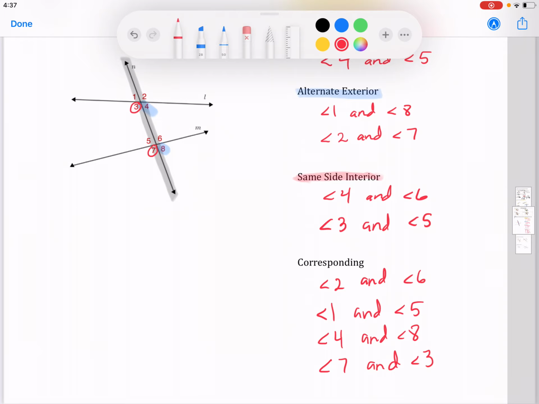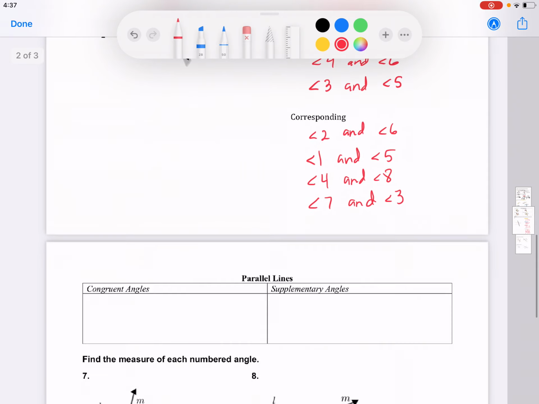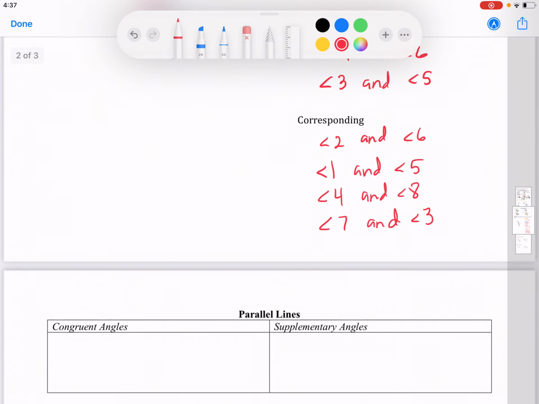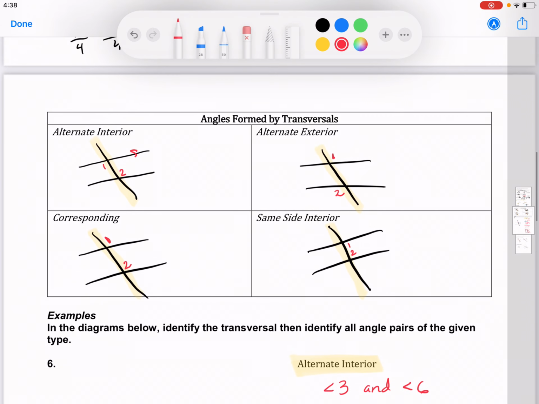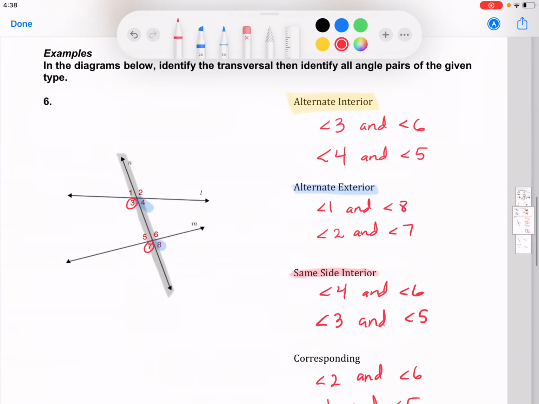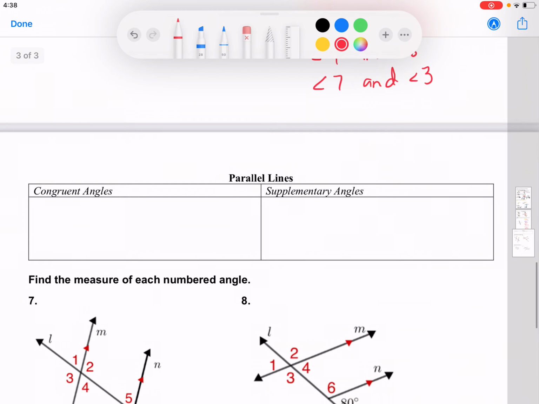All right, so for the rest of this lesson, we're just going to talk about how you know if there are parallel lines. So if these lines that are crossing through are parallel, I want to know which angles are actually going to be congruent. And it's actually every single one of them except same side interior. Corresponding angles will be congruent. We already know vertical angles are. I'm just going to put that down.